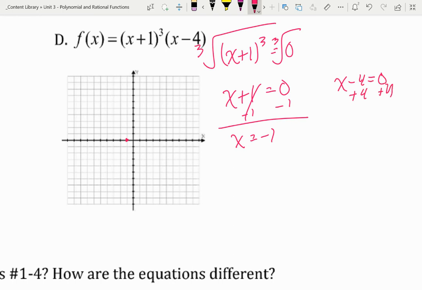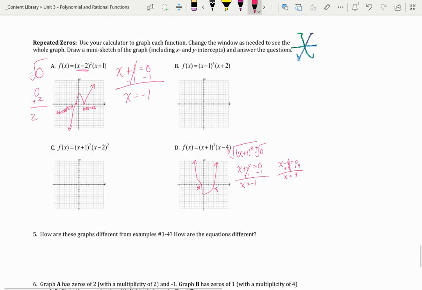Add 4 to both sides. X equals 4. 1, 2, 3, 4. Okay. It is positive, so it's kind of going to look like this. Okay. Where it does go through at each of those intercepts.